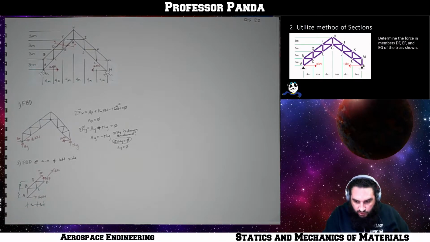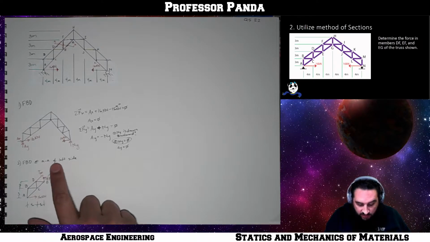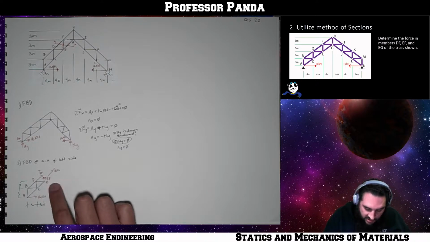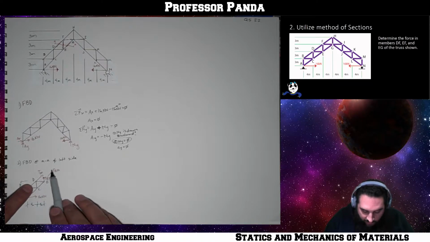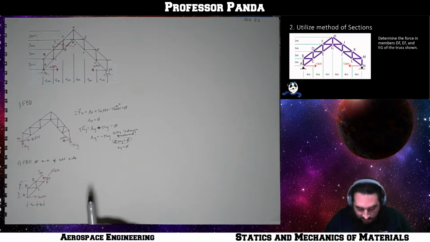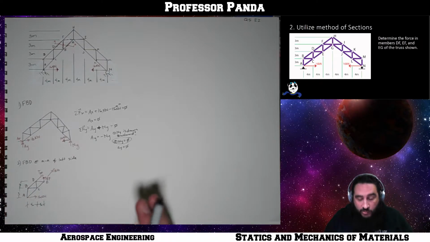Okay, so now that we have our free body diagram of section AA on the left hand side, now it comes time to be a little bit clever about what points we choose to take moments about, or if we take, in Newton's second law, some of the forces in X or Y. If I do some of the forces in X or Y, it doesn't seem very fruitful to me because I'm going to have 3 forces in the vertical direction, not helpful since I'm only going to have 2 equations.